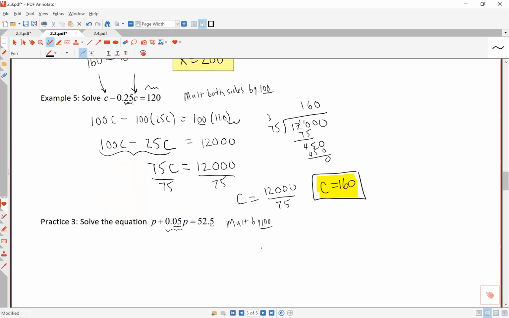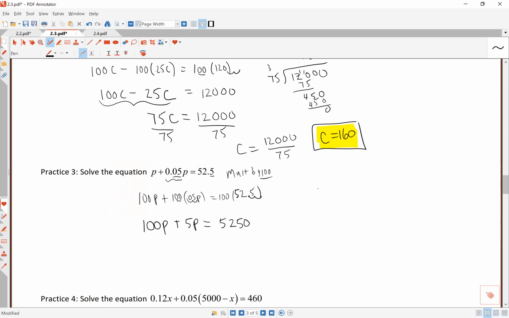So we take 100 times P, 100 times 0.05P, and 100 times 52.5. 100 times P is 100P. And 100 times 0.05, 2 spaces to the right, makes it 5P. 100 times 52.5 is 2 spaces to the right, 5,250.